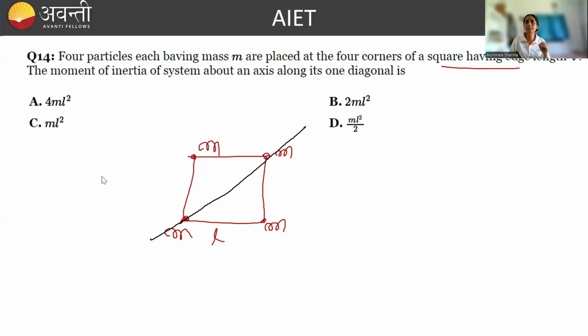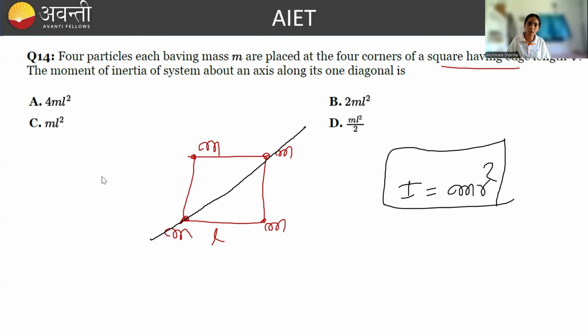And since here there are 4 point masses, the formula of moment of inertia that we are going to use is mr square. Then, along this line, if you see, this mass and this mass are lying on the line, and that is why for this mass r is 0 and for this mass r is 0. So no moment of inertia because of these two masses.